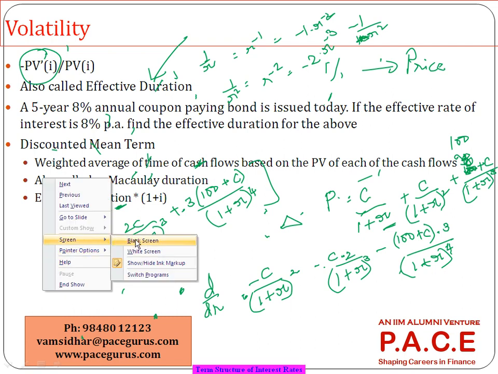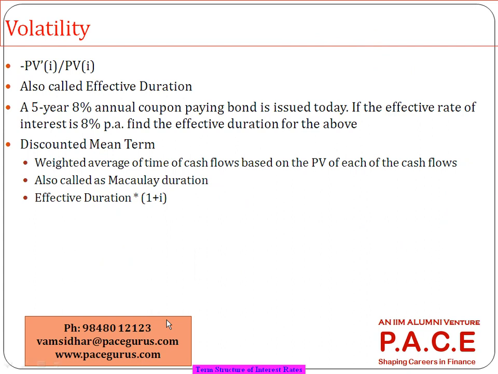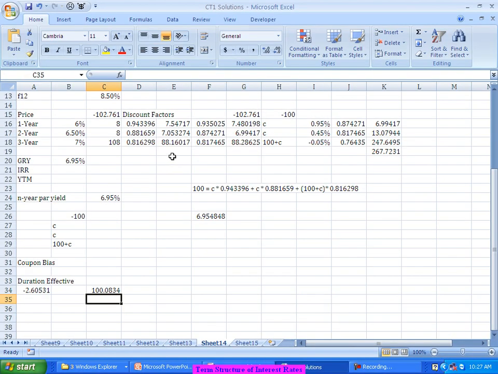which is also called the discounted mean term mechanism, or also called Macaulay duration. So while the earlier one was called the effective duration, we are also calling something a Macaulay duration, which is nothing but the weighted average of the time with the discounting factor.